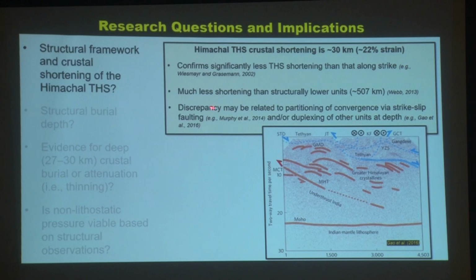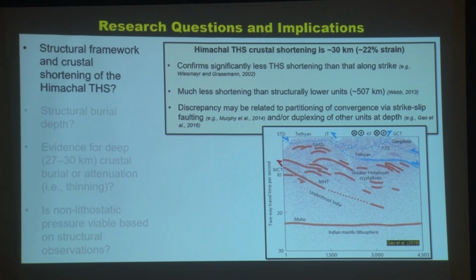Now, for this discrepancy between the shortening of the Tethyan Himalayan sequence and the structurally lower lithotectonic units, there may be some explanations. It could be partitioning of convergence via strike-slip faulting. So we have the Western Nepal fault system that goes up to the Karakoram fault, so maybe that's taking a piece of the pie.